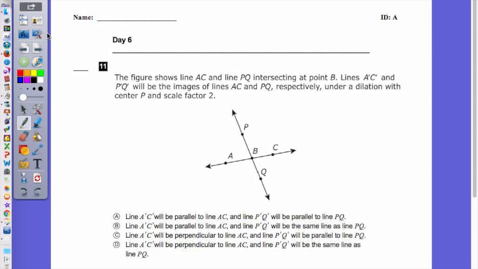So, guys, for number 11, they're going to be dilated from center P. What we want you to get here is that anything that goes through P, when it dilates, is still going to be there.